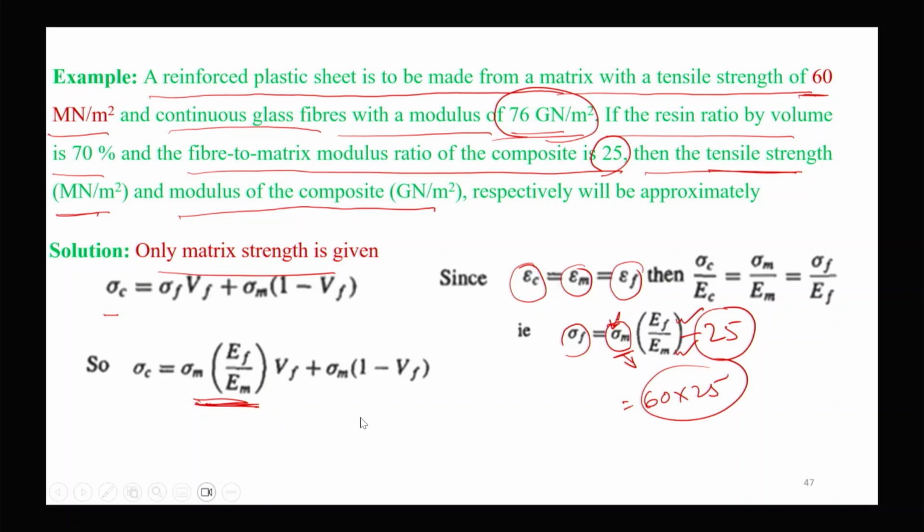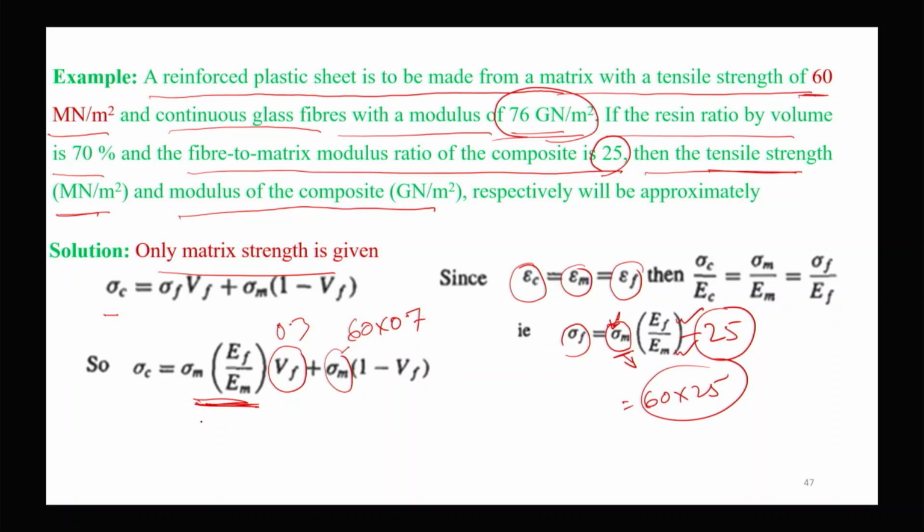The stress on the fiber is multiplied by its volume fraction. So the volume fraction will be 0.3, and the matrix term is 60 multiplied by 0.7.